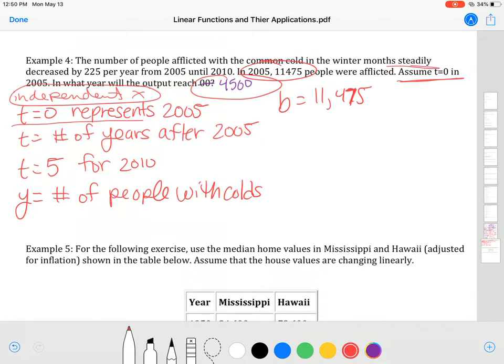It also tells us that it's decreasing at a rate of 225 per year. That's our slope. Since it says decreasing, I want to make sure I put a negative there. It's negative 225 per year. So I have my M and my B, so let's use mx plus b form.